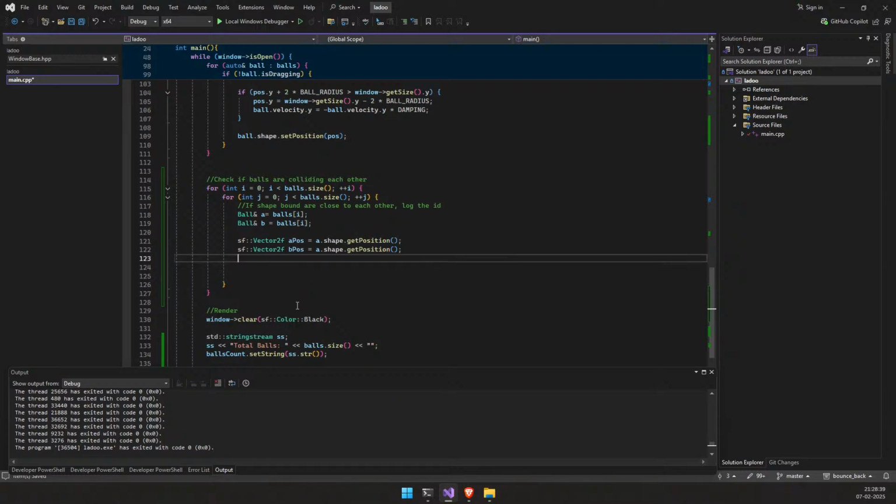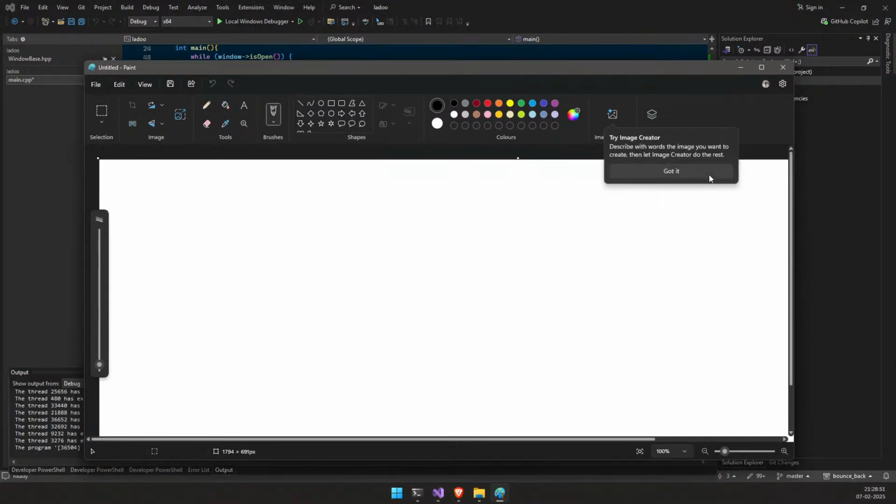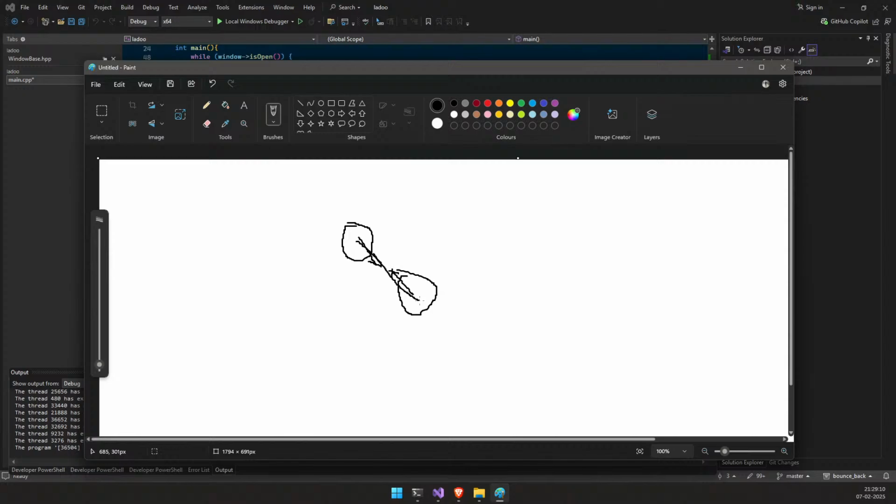So for distance, suppose this body is here, this body is here, right? And this is moving in this direction, this is moving in this direction. We need to find the distance between them. So this will be this guy minus this guy.